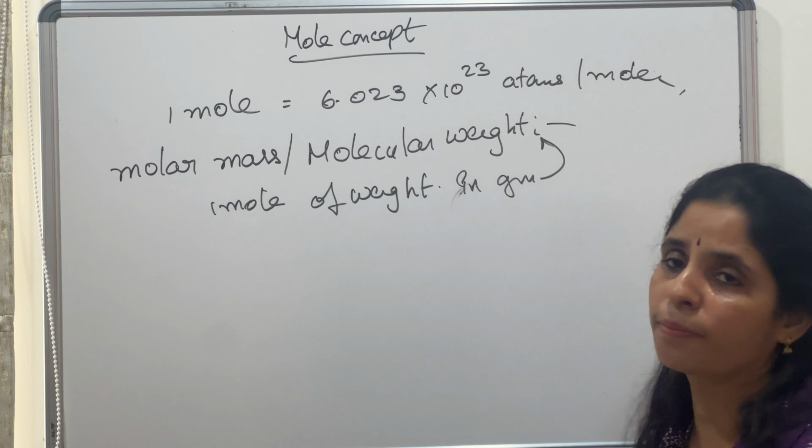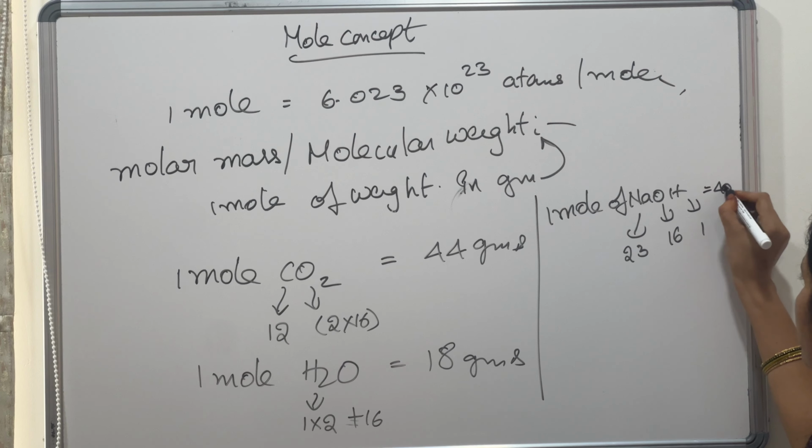Like that, the weight of 1 mole of H2O contains how many grams? Hydrogen approximately 1, and 2 hydrogens are there, so 2, plus oxygen 16, 16 plus 2, it is 18 grams. Similarly, 1 mole of NaOH: sodium 23, oxygen 16, hydrogen 1, it is 40 grams.